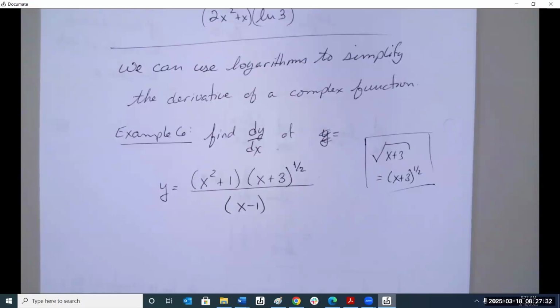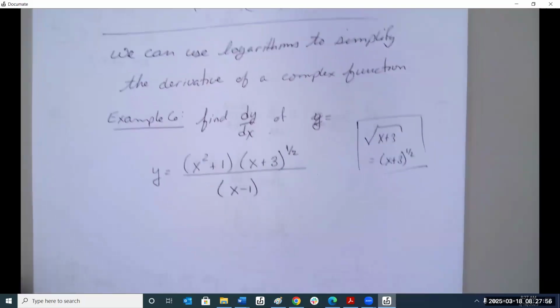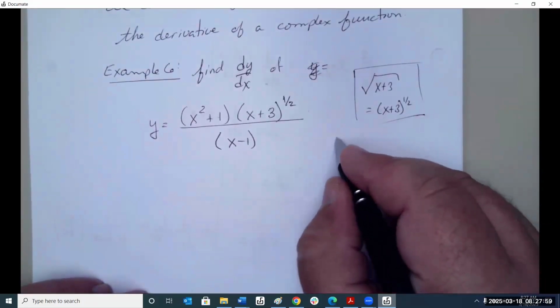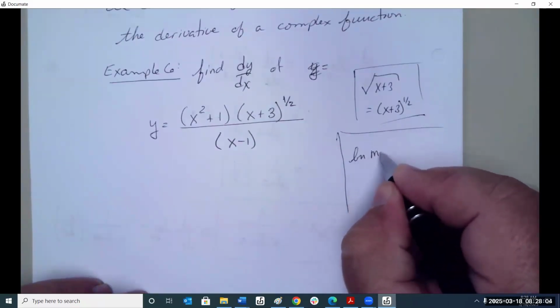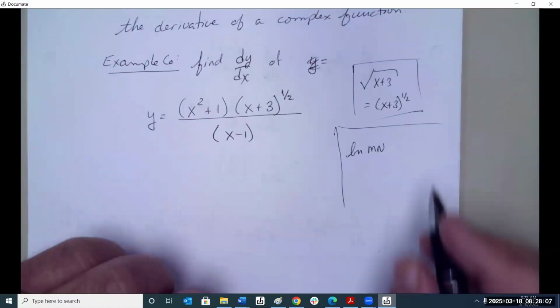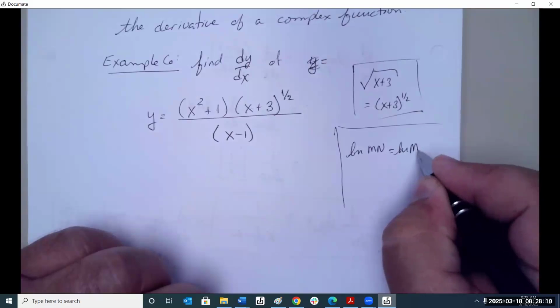Okay, so how would you solve this? What method would you use? We have a product here, we have a quotient. Would you use the product and quotient rule? That would be very, very time consuming. With the properties of logarithms, if you have a product, you can separate them by plus.